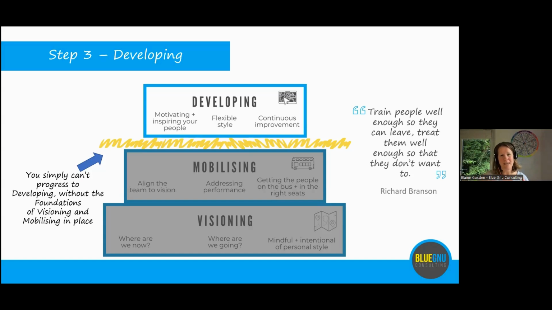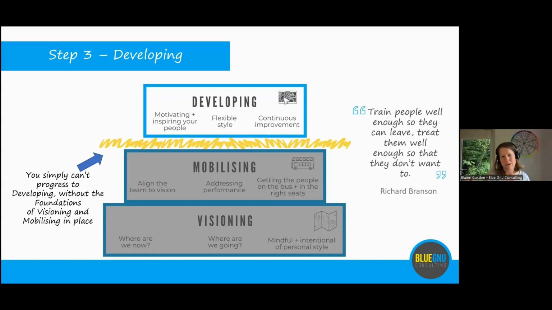So they might accidentally skip over some of the necessary steps in pursuit of the style that they like. And I can speak for myself there, because I have a natural preference for wanting to get to developing, because this is kind of my sweet spot as a leader. I love having the opportunity to motivate and inspire others. I love flexing my style and flexing the skills and strengths of my team to get done what we need to get done around here.